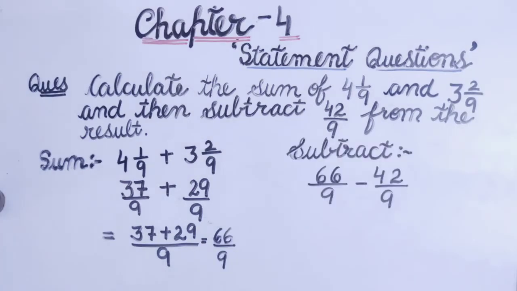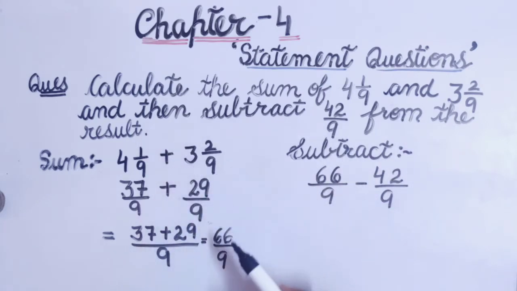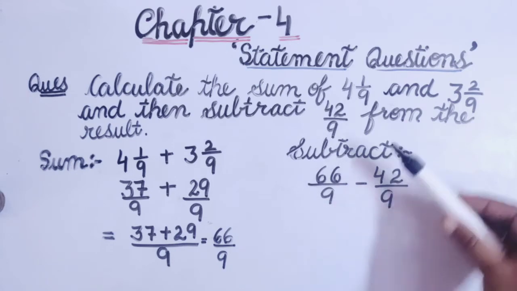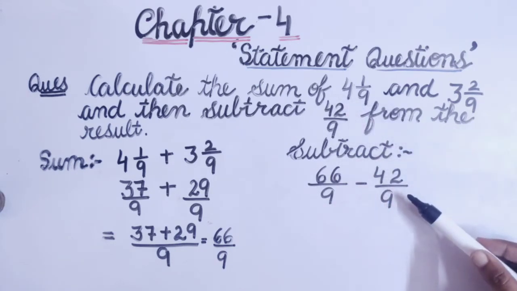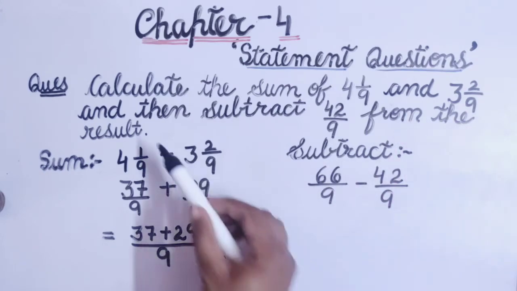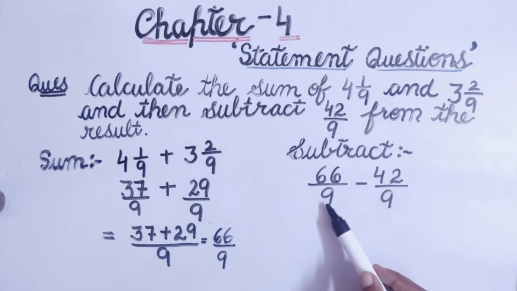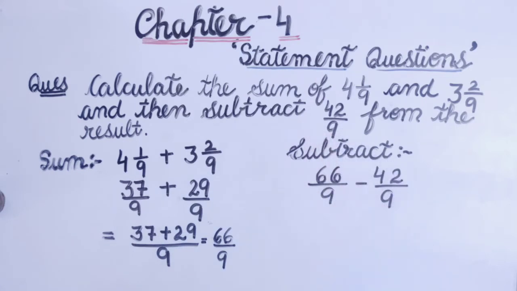Yes students, have you observed that the result, that is 66 by 9, I have written first and 42 by 9 I have written at second place, because from says that the second value, that is the result, will become the first value and the first value will become the second value.